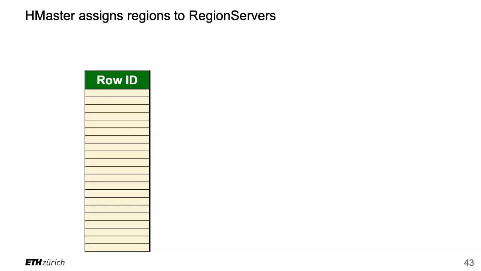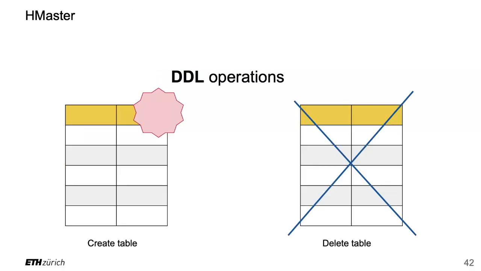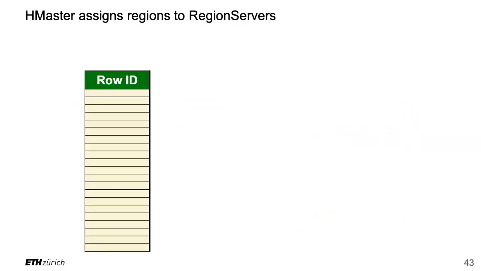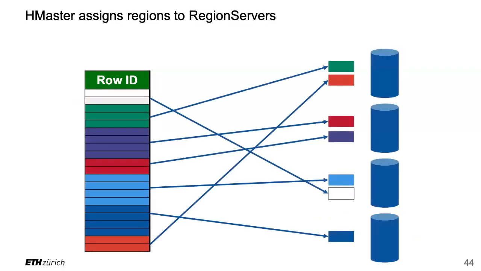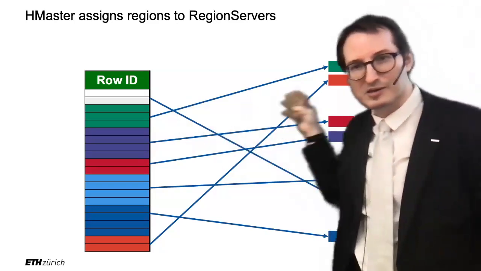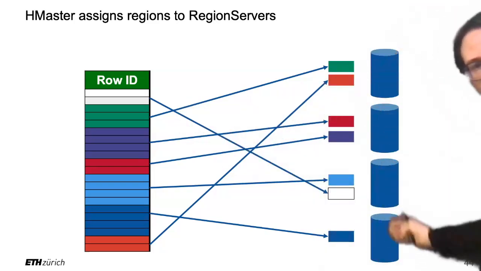Now, the distribution of the data over the cluster is actually done based on the regions. This is why they're called region servers, in fact. So what happens when you create a big table is that it partitions this space into regions, and then the regions are assigned to the region servers.